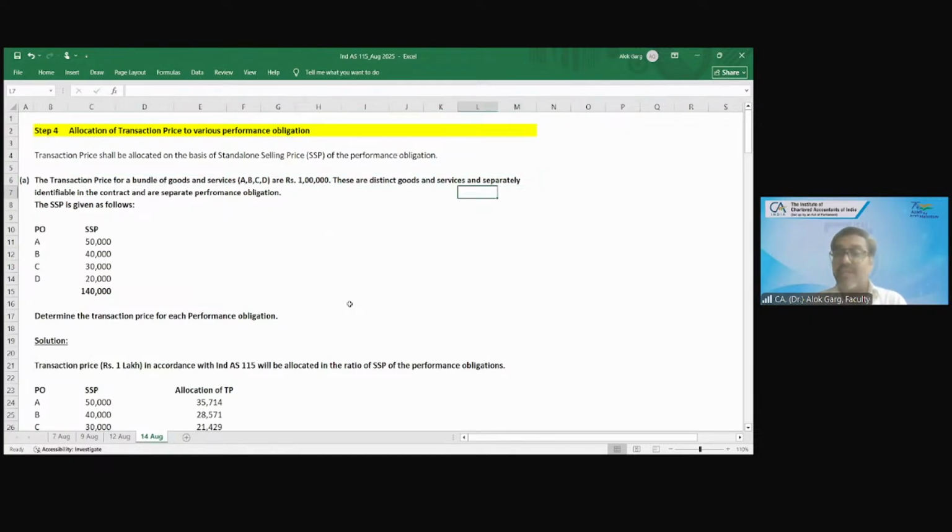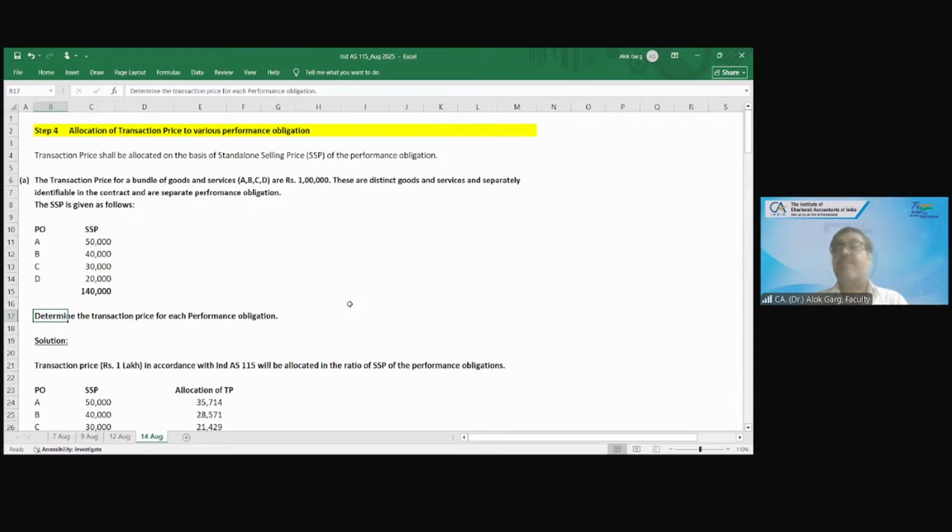These are distinct goods and services, separately identifiable in the contract, and are separate performance obligations. The standalone selling prices are given below: 50,000, 40,000, 30,000, 20,000. 1,40,000 is the aggregate of the standalone selling prices of these performance obligations. Determine the transaction price for each performance obligation.